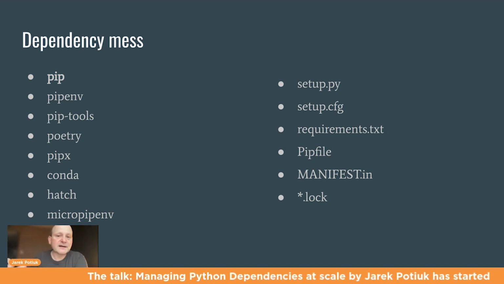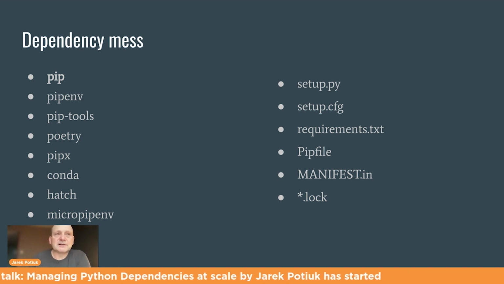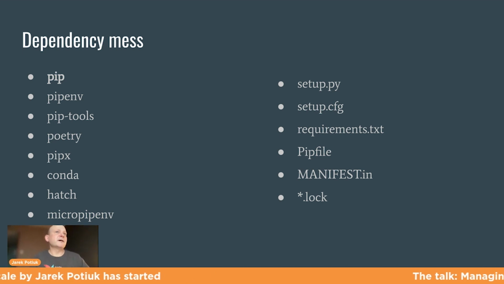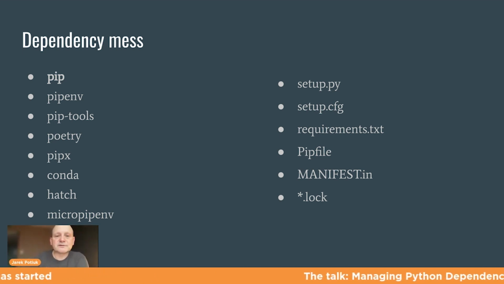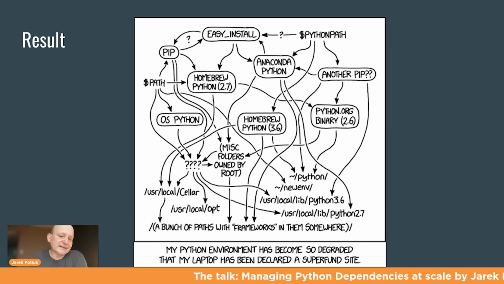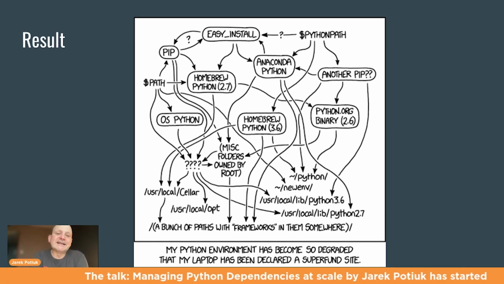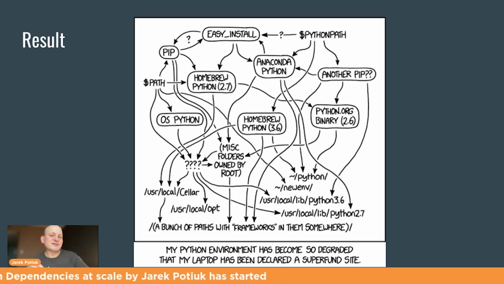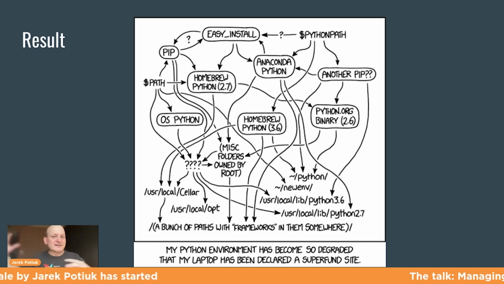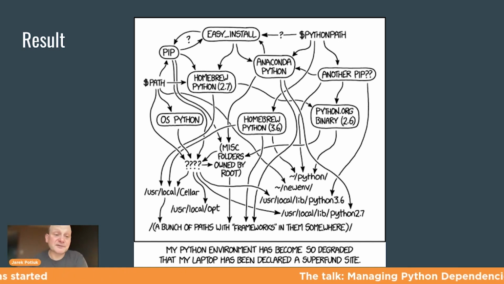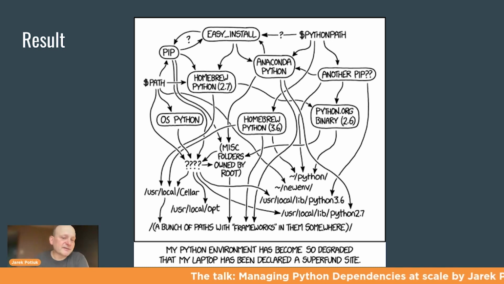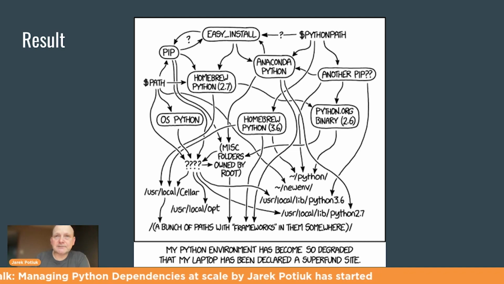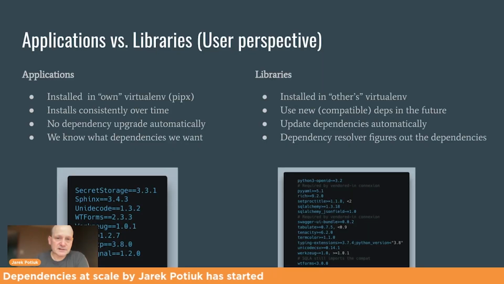You can see all the different things that you have to remember about dependencies, and everyone does it a little bit differently. Everyone has their own approach. There are a number of tools that can manage dependencies between those different libraries. So at the end, what you end up with usually is some kind of a mess, or some kind of complexity, I would say. You can put different Python versions, different Python installations, virtual environments. Everyone has their own different approach there. And with a number of dependencies and different versions, this gets complex very fast.